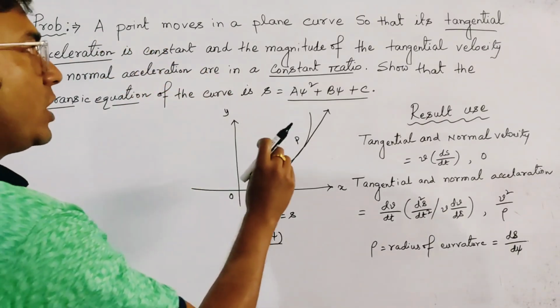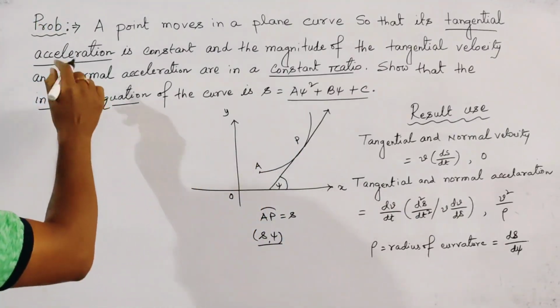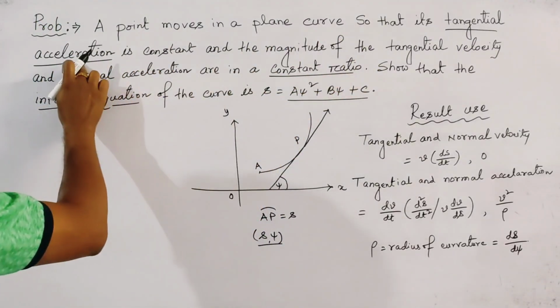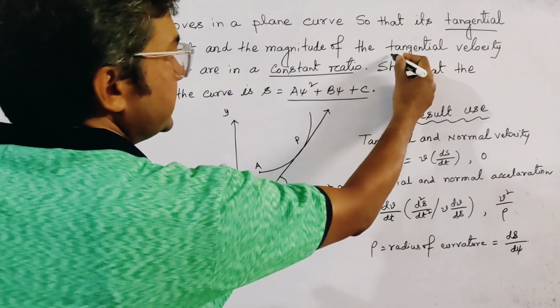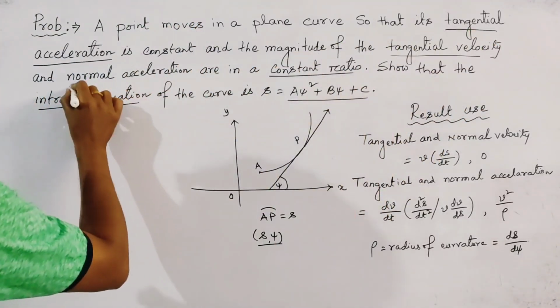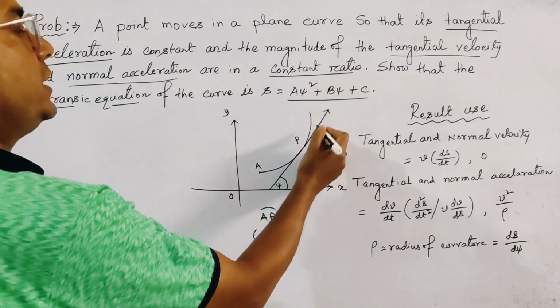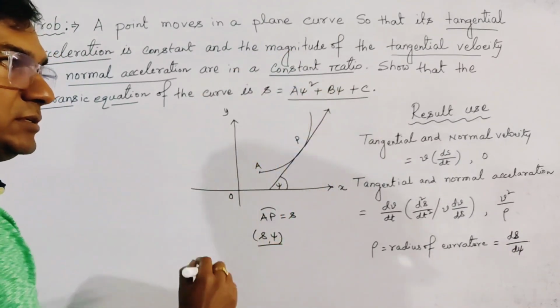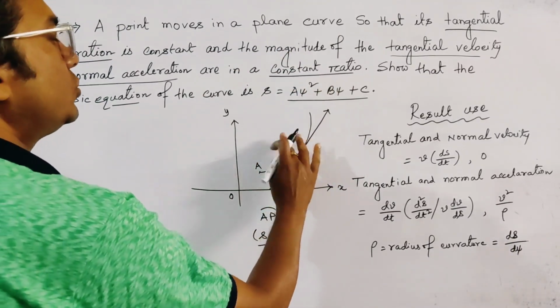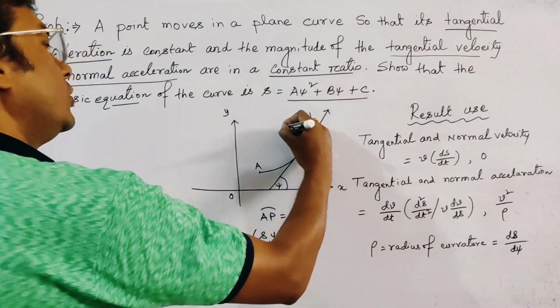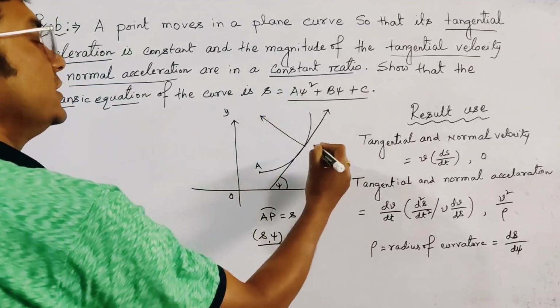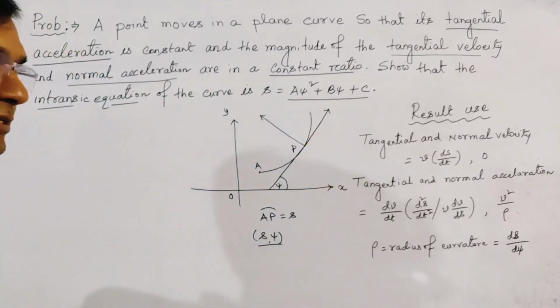Now understand these three terms: this is tangential acceleration, this is tangential velocity, and this is normal acceleration. We already drew a tangent. Now we draw here a normal, which is perpendicular to the tangent.